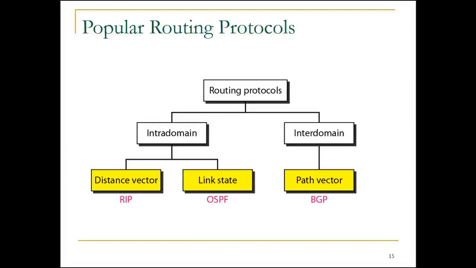So this is where you'd have path vectors that revolve around protocols like the Border Gateway Protocol, or BGP. And if I'm not mistaken, there are other renowned protocols as well that go with the interdomain routing protocols. But generally, these are some of the key popular ones that you'd come across.